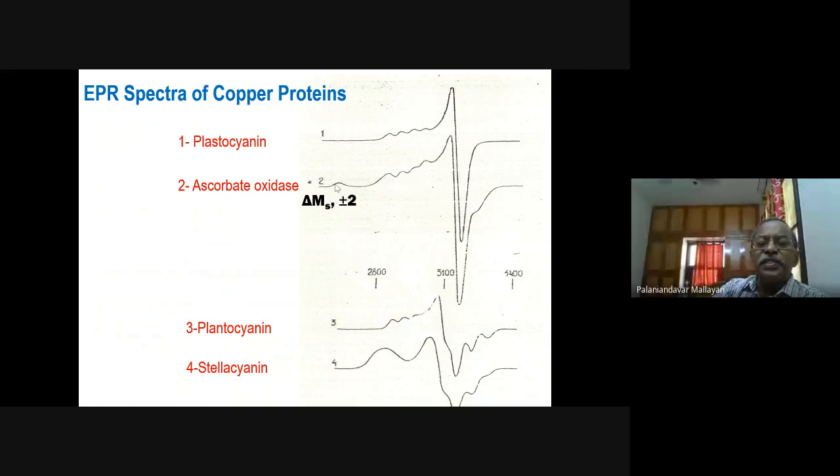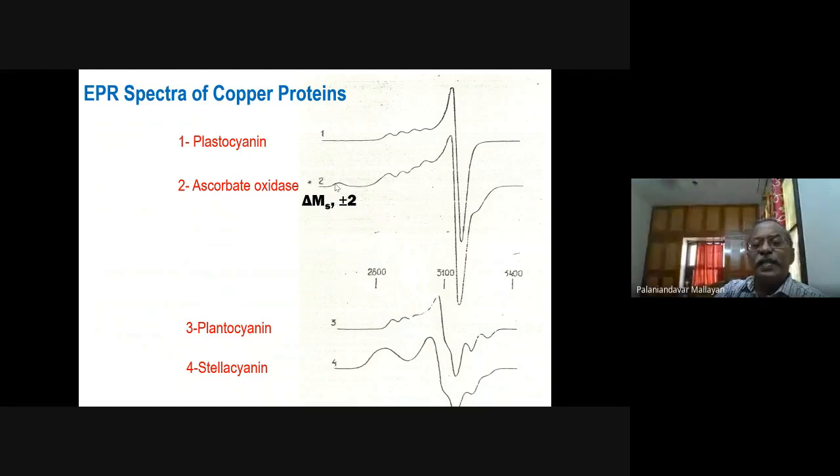And these signals correspond to delta ms equal to plus or minus 2, while the g parallel and g perpendicular come from the delta ms equal to plus or minus 1 EPR transition. This signal is very weak in intensity compared to this one, see? So this arises from the copper-copper interaction. This copper-copper interaction gives rise to the delta ms equal to plus or minus 2 signal.